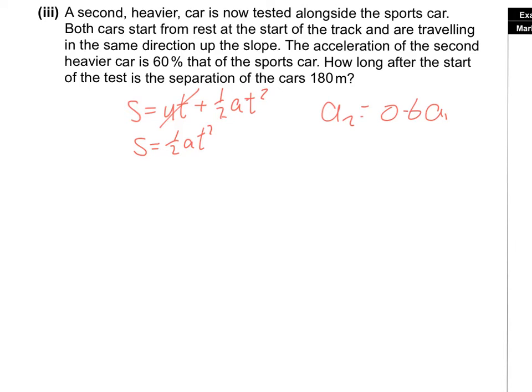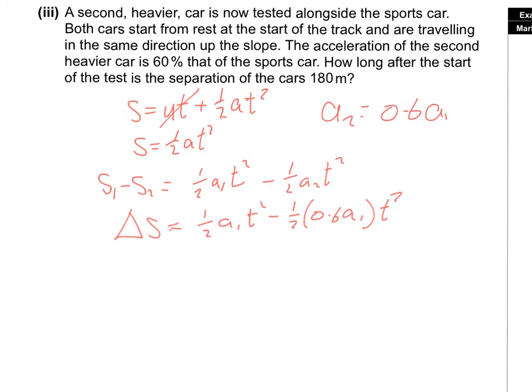Then s1 minus s2, which is the difference between them, the separation, is the expression for s1 minus the expression for s2. But we also know that a2 is 0.6 of a1. So we can also write it as a half a1 t squared minus a half of 0.6 a1 t squared.